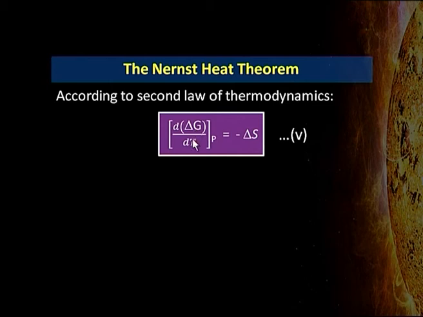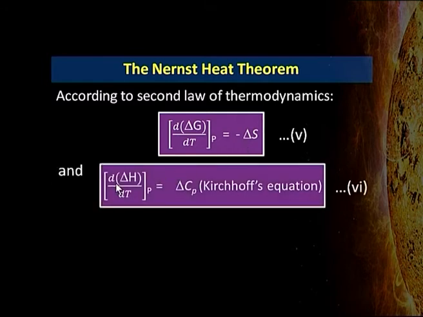You know that according to the second law of thermodynamics, d delta G by dT at constant pressure equals minus delta S, and d delta H by dT at constant pressure equals delta Cp. This is Kirchhoff's equation, where delta S is the entropy change of the reaction and delta Cp is the difference in the heat capacities of the products and the reactants.